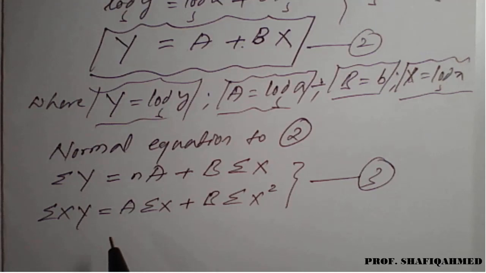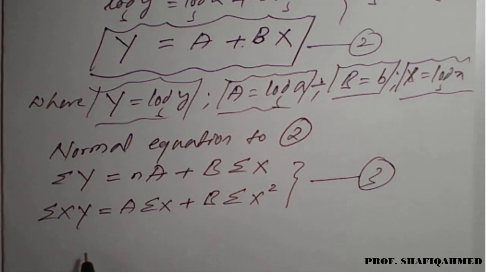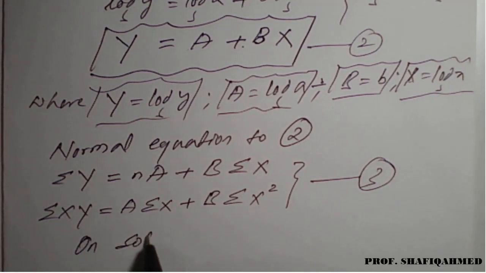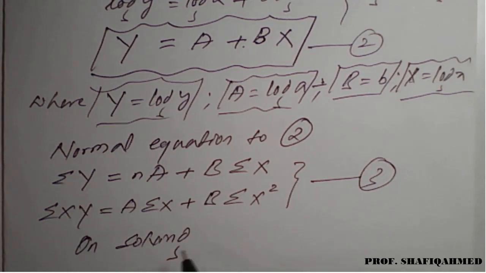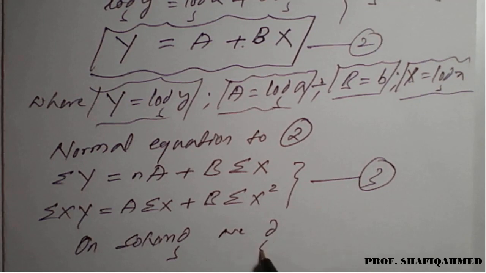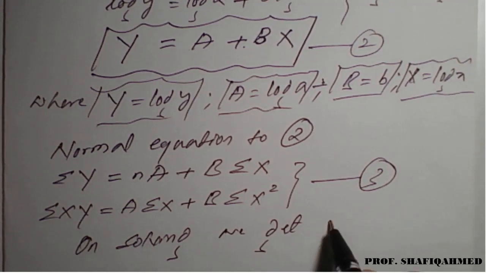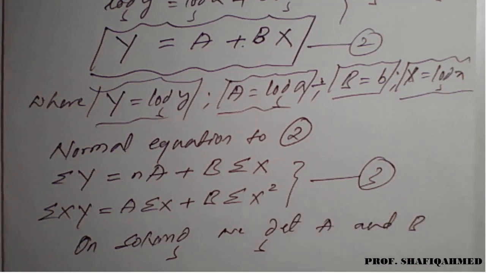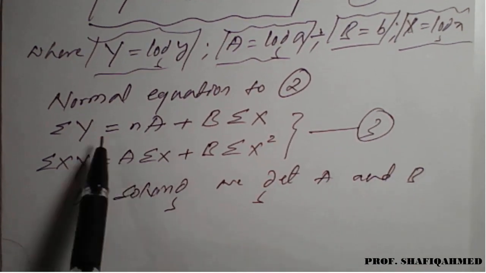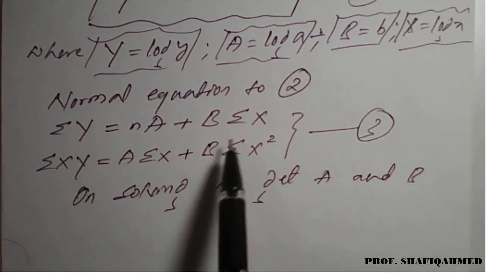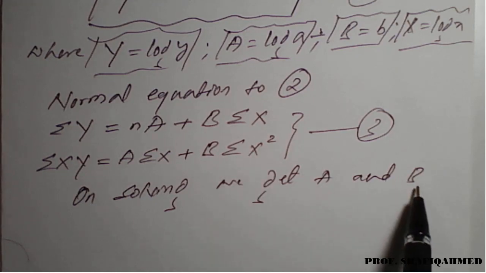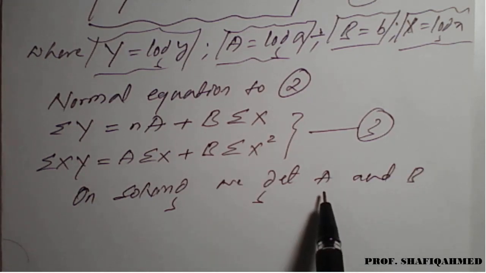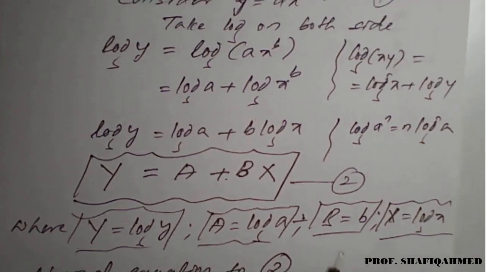So I will write here, on solving we get capital A and capital B. From equation 3, once you give the summation values here, and on simplification we will get capital A and capital B values, but we want small a and small b to apply in equation number 1.